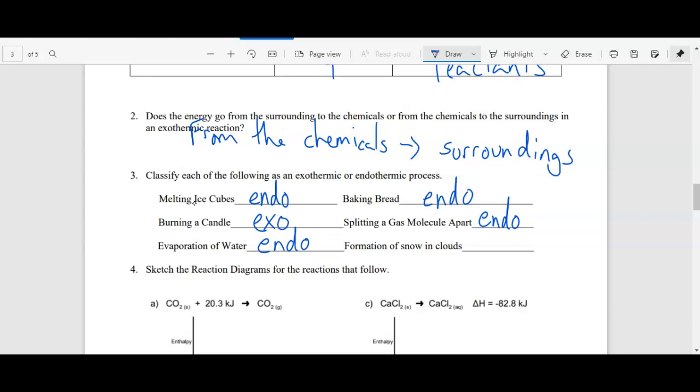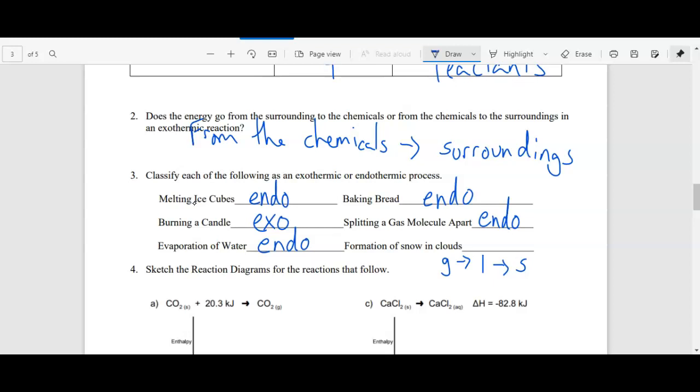How about formation of snow in the clouds? You have to add heat or take heat away. All right, for snow in the clouds, we're going from gas to liquid to solid to form that.